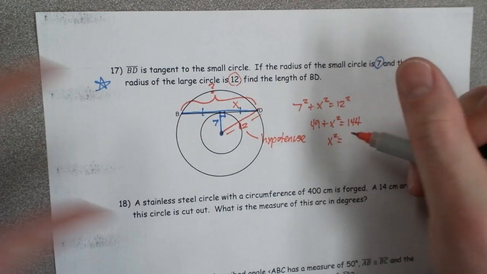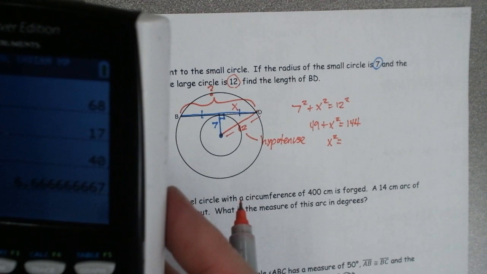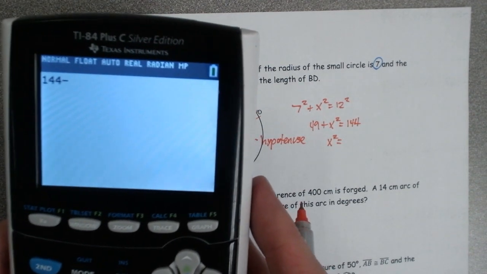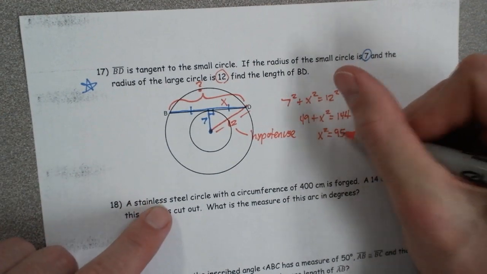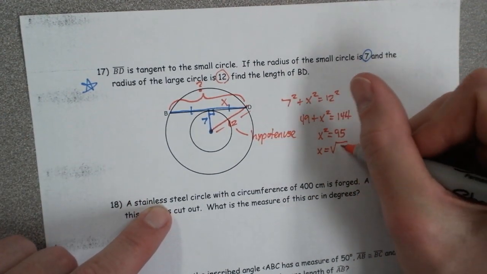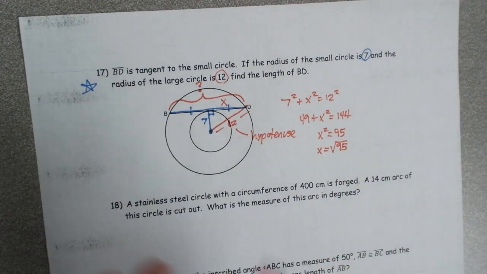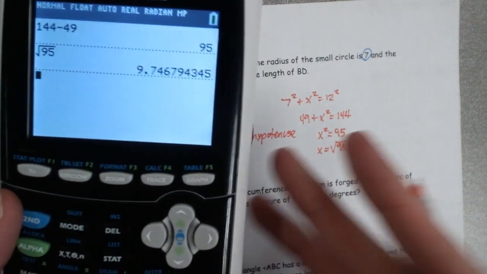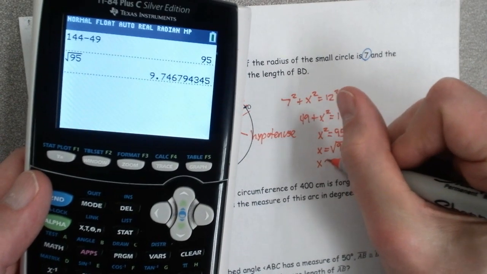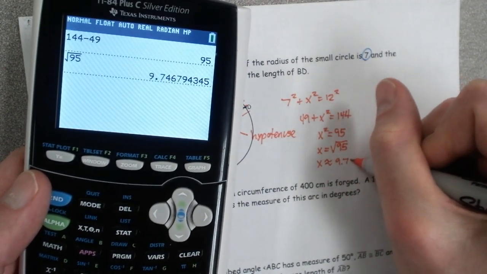And 144 minus 49 is going to get you what? 95. So x is the square root of 95. And the square root of 95 is 9.7467, so approximately 9.75.